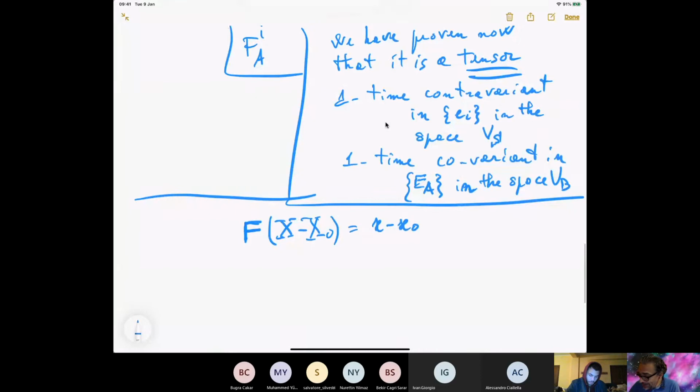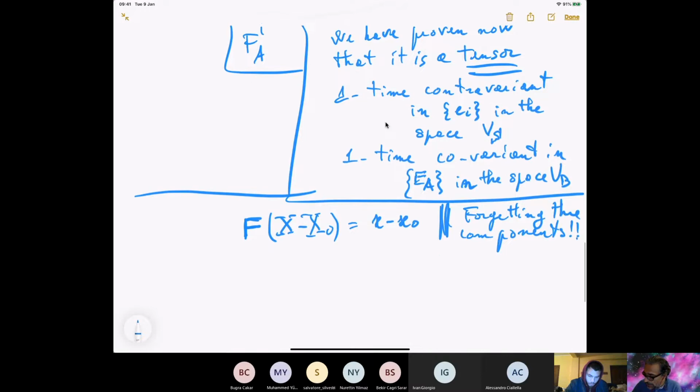And so we can write this forgetting the components. Because you change the basis, and to the same vector x minus x0, you are associating the same vector small x minus small x0. As we said when we have spoken about tensoriality criteria. Okay.